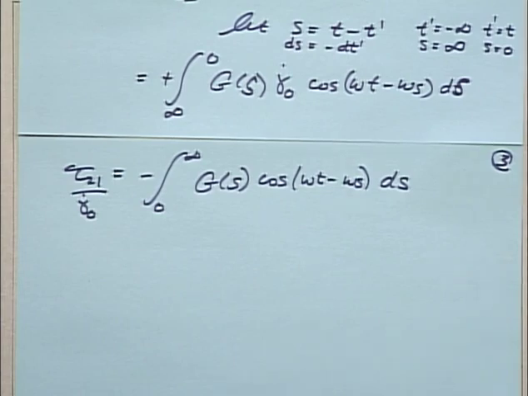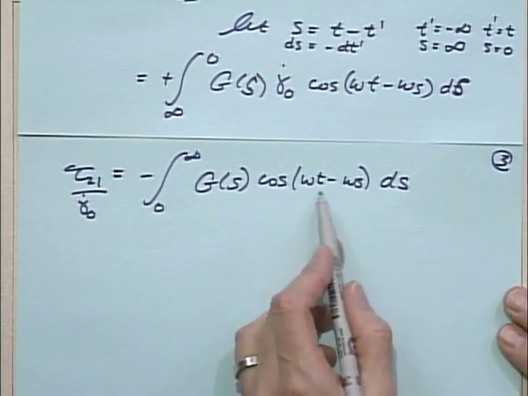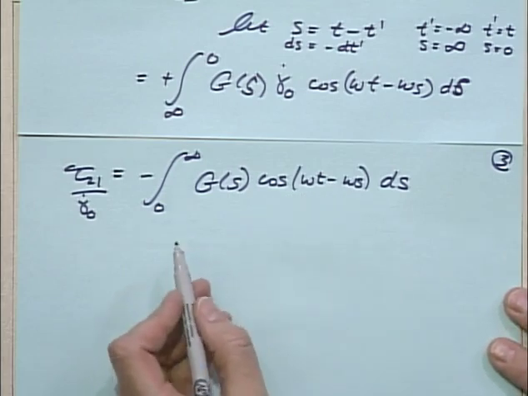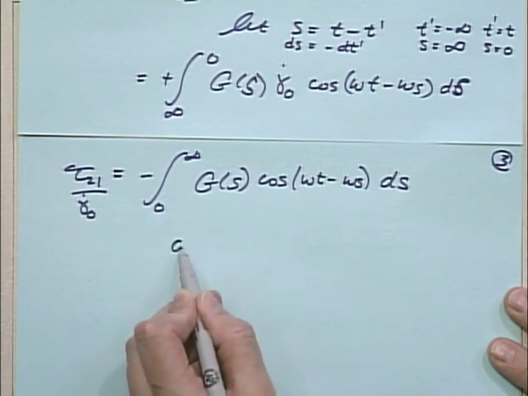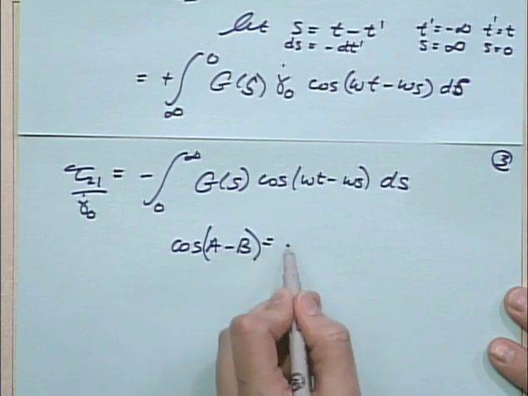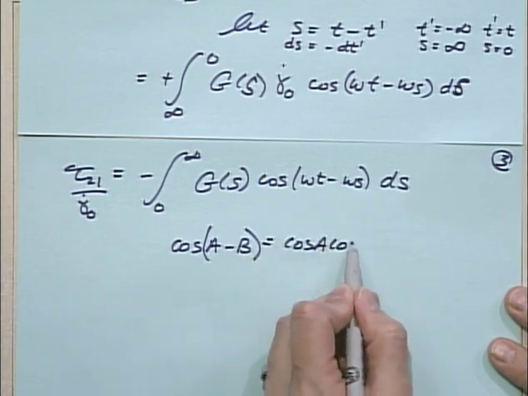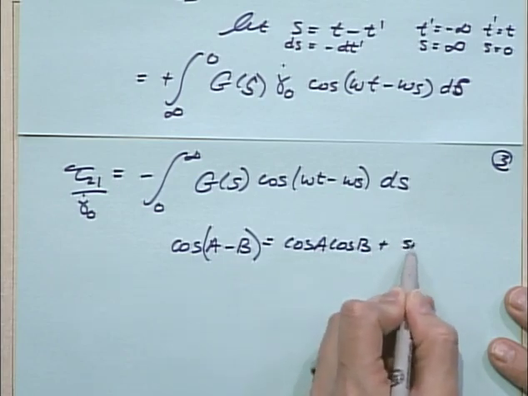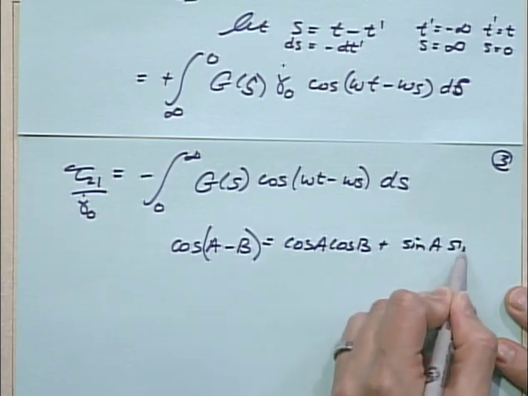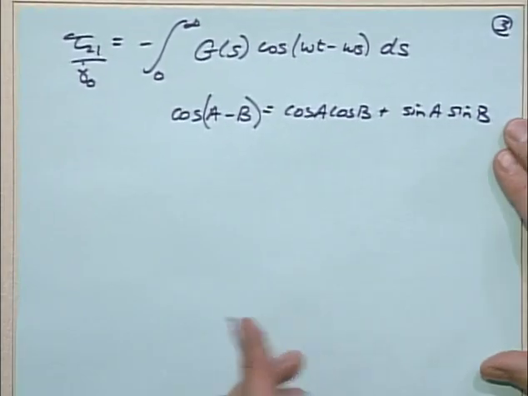Okay, so again, we just need to now do this integral. And what I'm going to do is I'm going to split this up because this is the sum of two angles. So I have this identity from trig: cosine of A minus B is equal to cos A cos B plus sine A sine B. So I can use that to split up that integral.